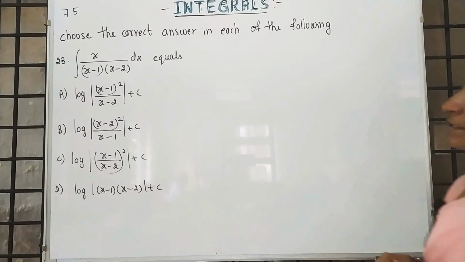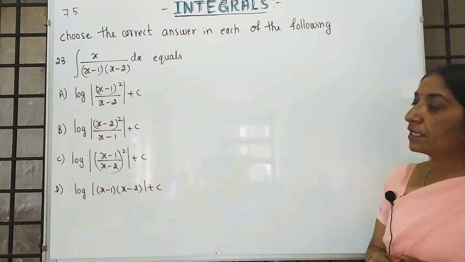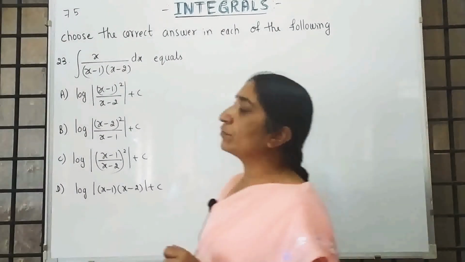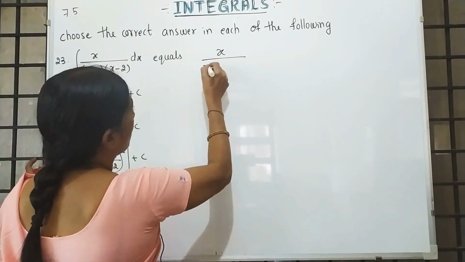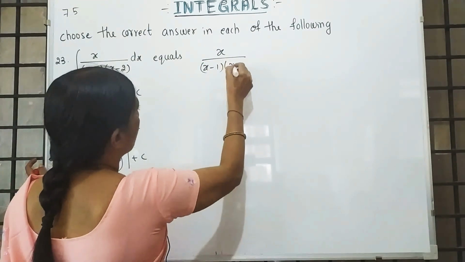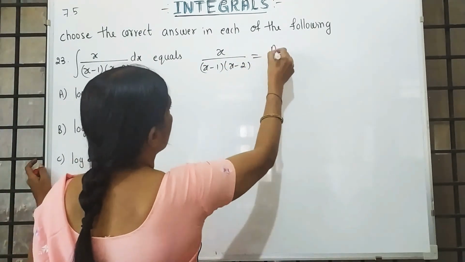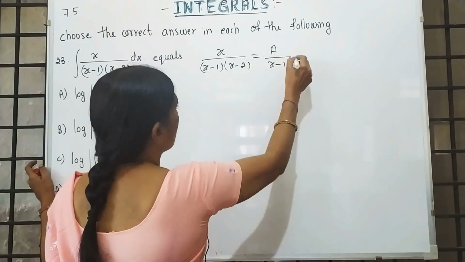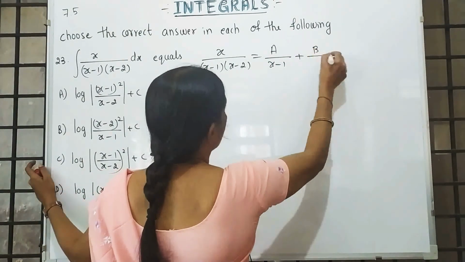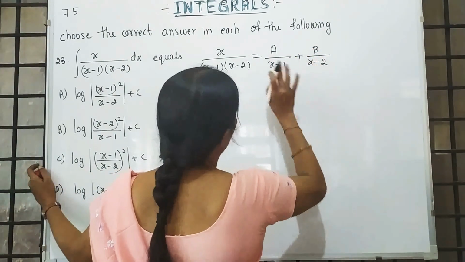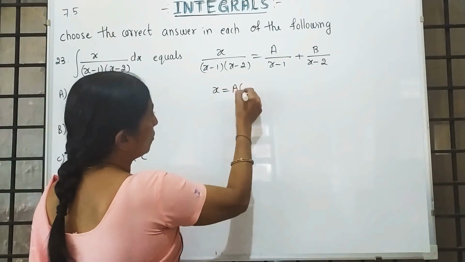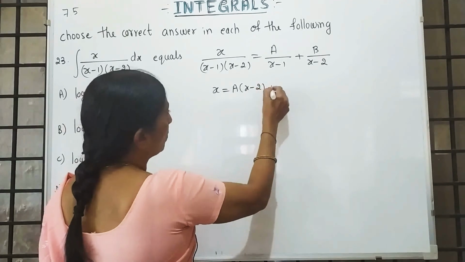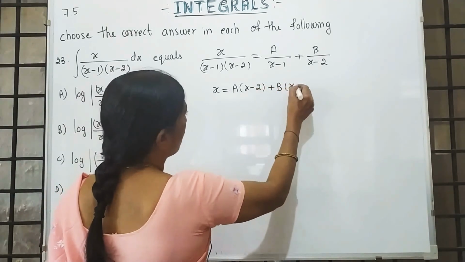See the next one, it is a multiple choice question. Integration of x upon x minus 1 into x minus 2. This we have to solve by partial fraction. x upon x minus 1 into x minus 2 will be written as a upon x minus 1 plus b upon x minus 2, and already you are familiar, that's why I am writing the steps directly. It is a into x minus 2 plus b into x minus 1.